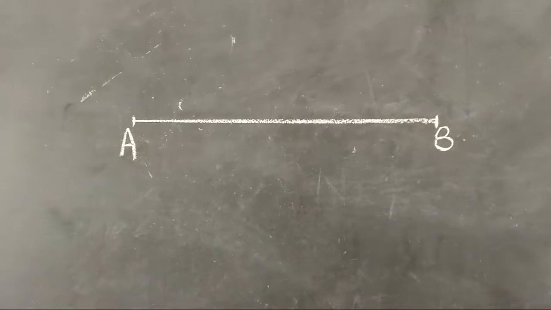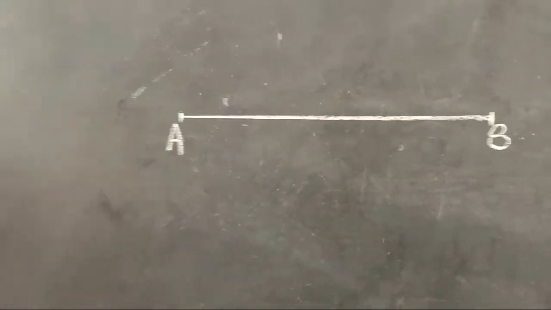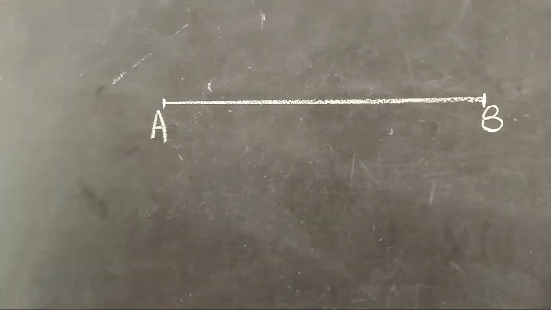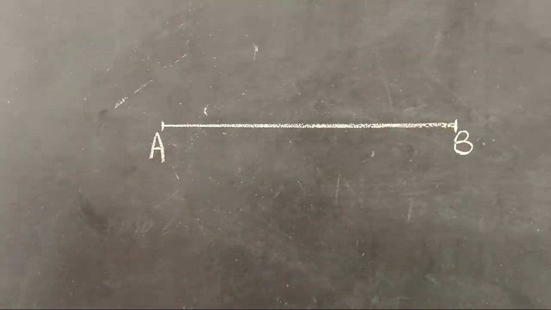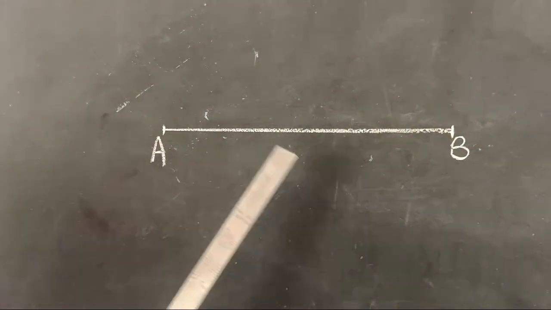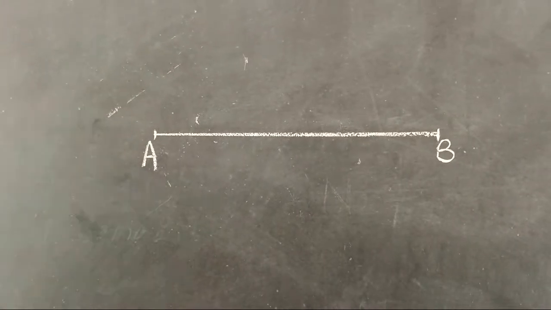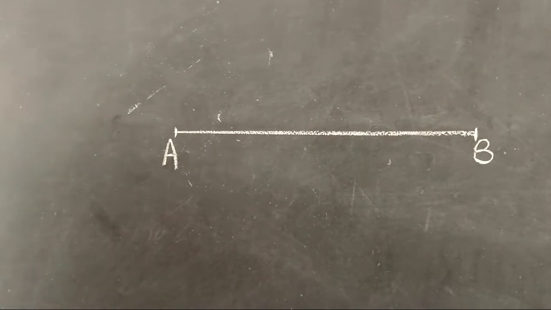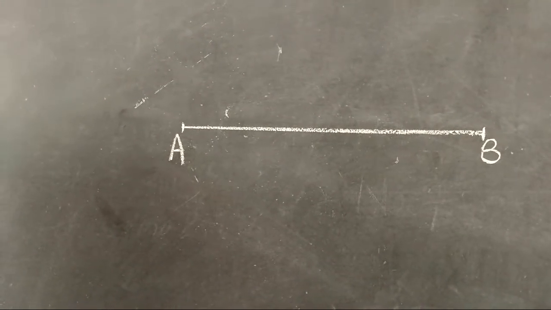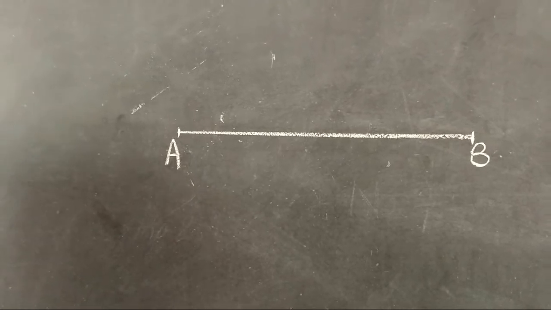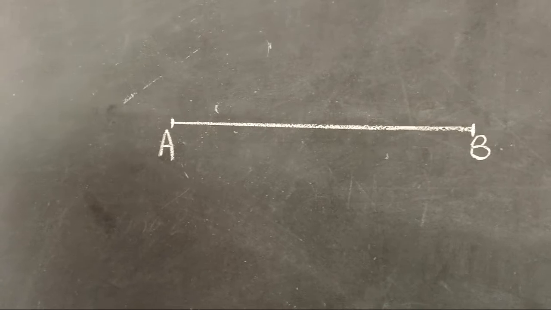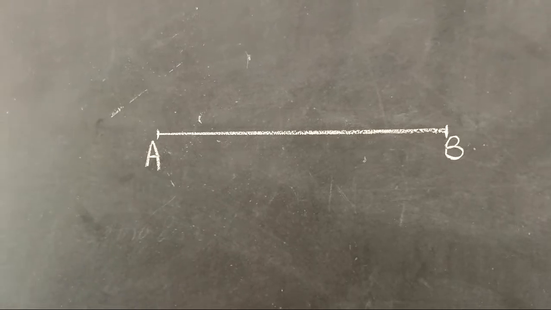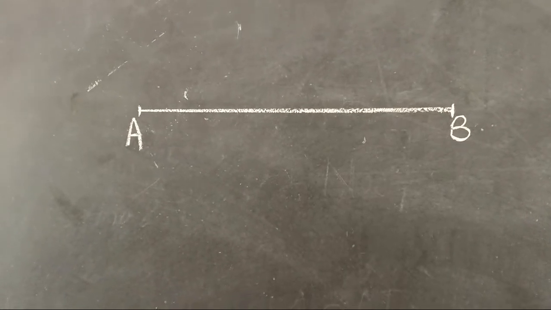We draw the perpendicular bisector. Who can draw the perpendicular bisector here? The perpendicular bisector of segment AB we draw here. Can anyone draw the perpendicular bisector?